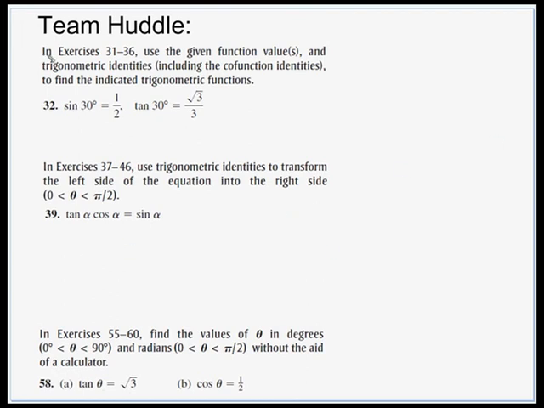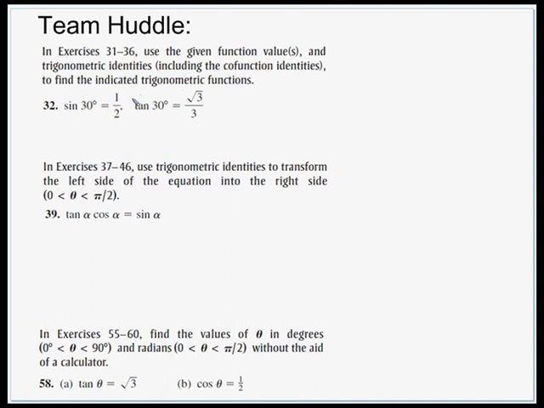So here in the first one, if we read the directions, use the given function values and the trig identities, including cofunction identities, find the indicated trigonometric functions. So we're given that sine of 30 is a half, and we know that the tan of 30 is root 3 over 3.